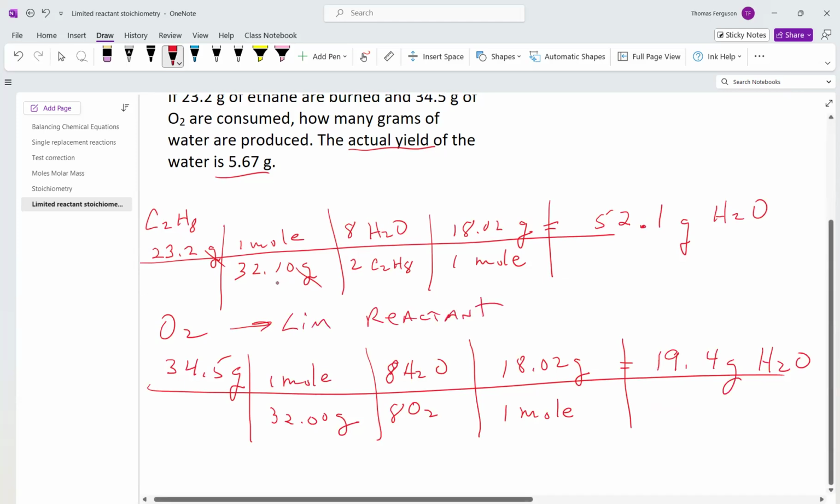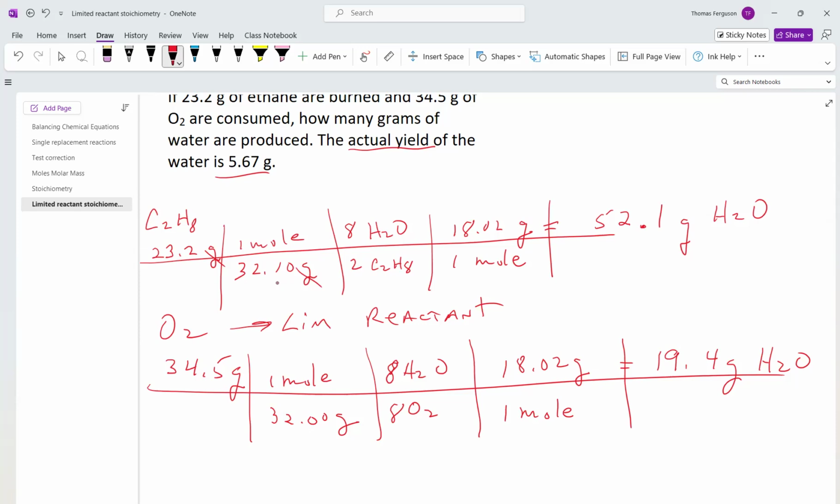Okay, oxygen produced less water, so that's the limiting reactant. Now that means the limiting reactant is totally used up. None is left. The other is in excess.